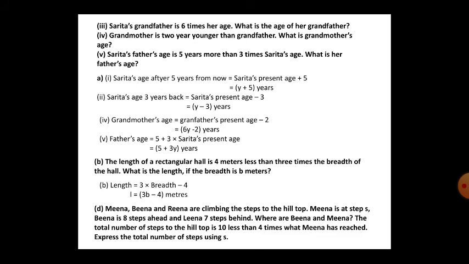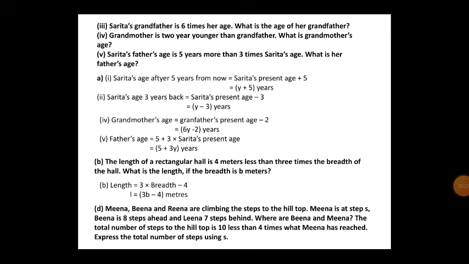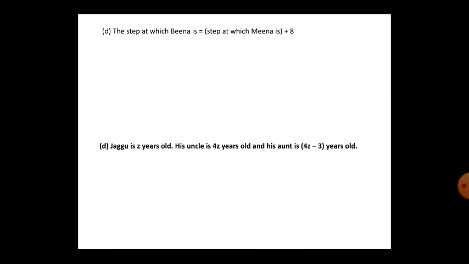You need to find the total number of steps to the hilltop, which is 10 less than 4 times what Meena has reached. So the step at which Beena is, s plus 8, because Meena's step is s.